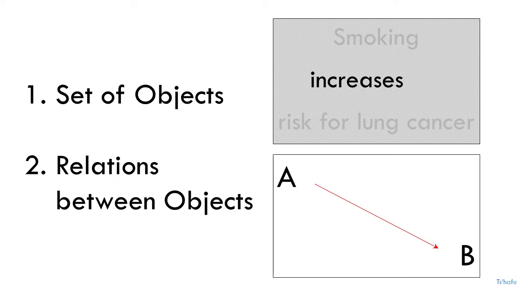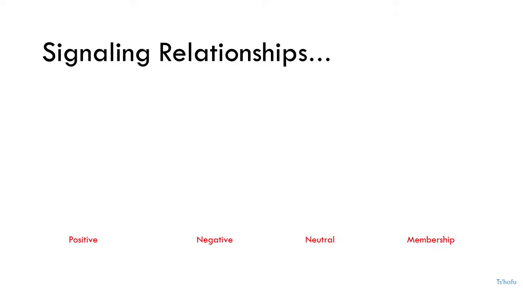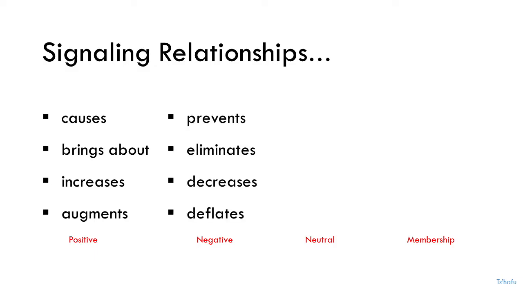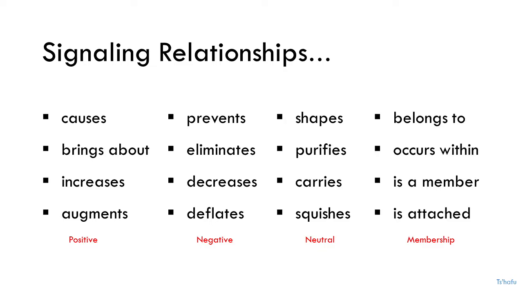Now, as for the relations between objects, we can actually have many kinds of relations. The relationship between A and B can be positive. So A causes, brings about, increases, or augments B. It can be negative. A prevents, eliminates, decreases, or deflates B. It can be neutral. A shapes, purifies, carries, squishes B. And lastly, it can indicate membership.